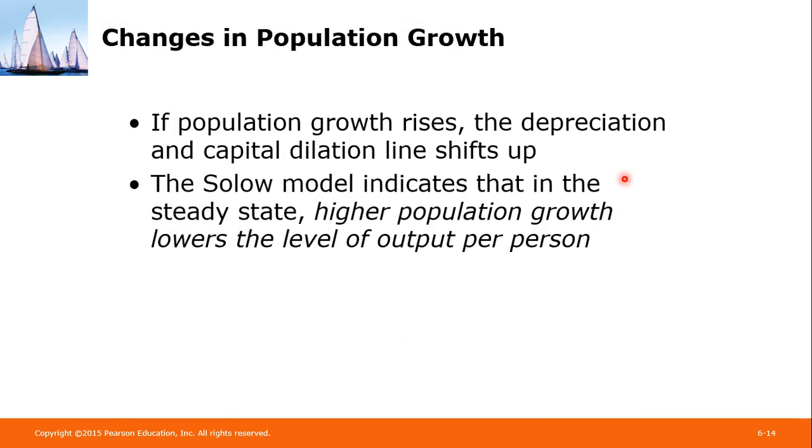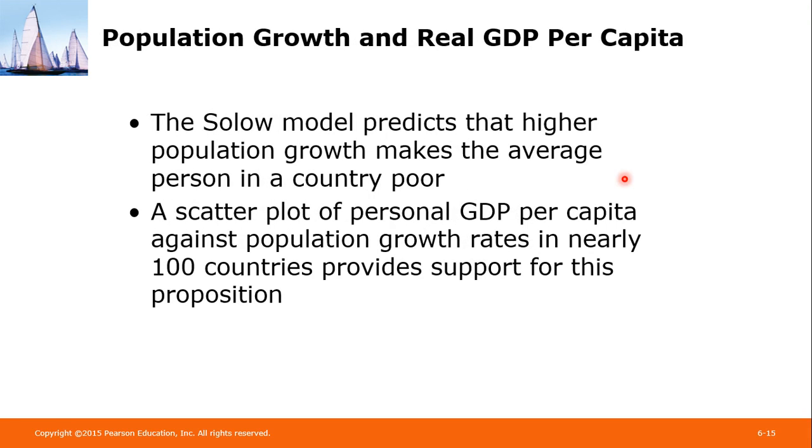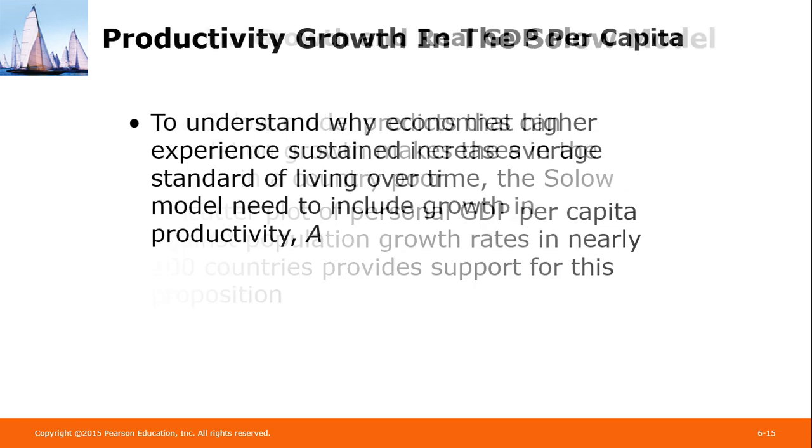If population growth rises, the depreciation and capital dilution line shifts up. So the Solow model indicates that in steady state, higher population growth lowers the level of output per person. The Solow model predicts that higher population growth makes the average person in a country poorer. A scatterplot of per capita GDP against population growth for 100 countries provides support for this.